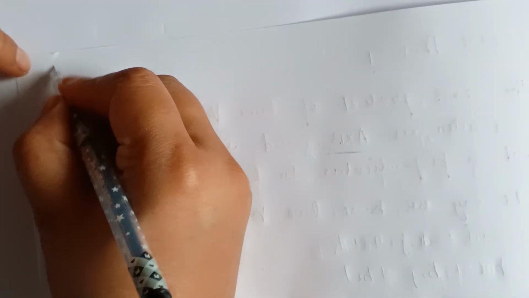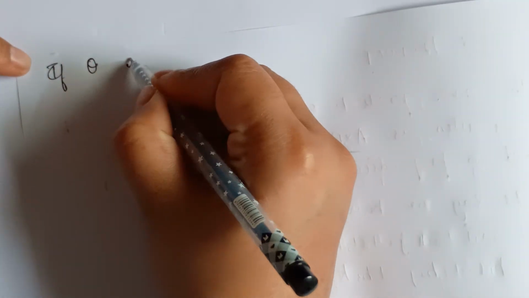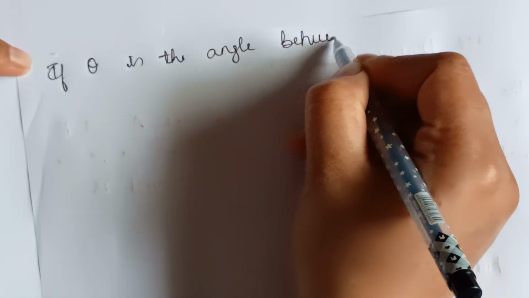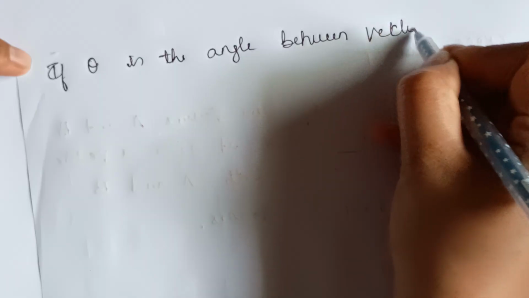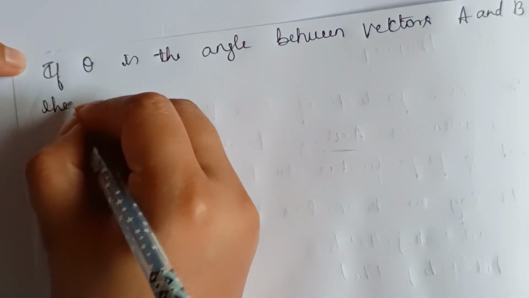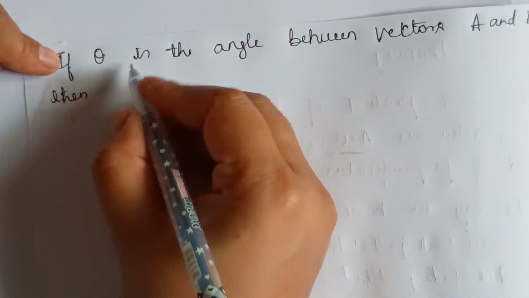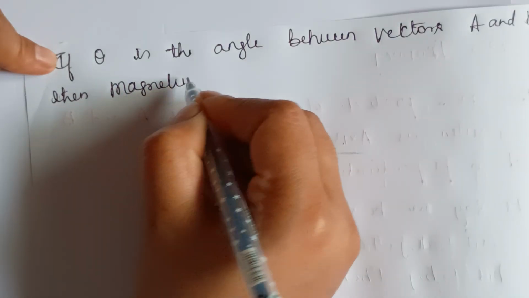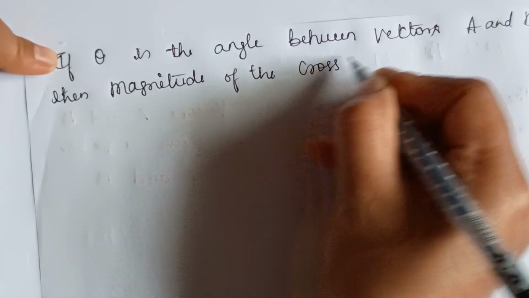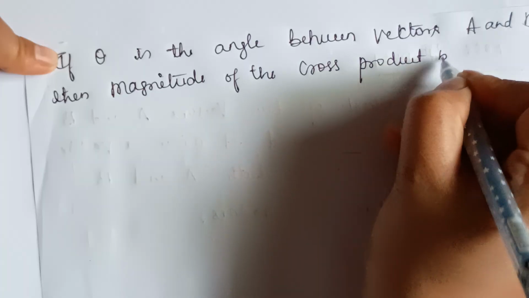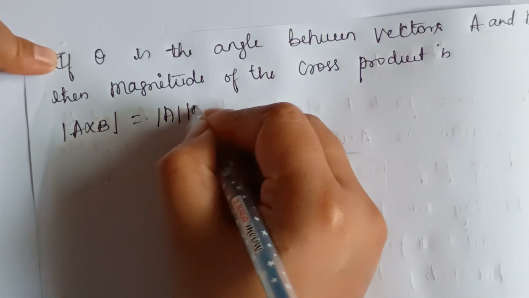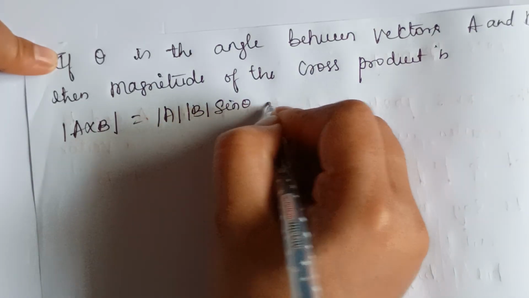Now if theta is the angle between vectors A and B, then the magnitude of the cross product is, magnitude of A cross B equals mod A mod B sine theta.